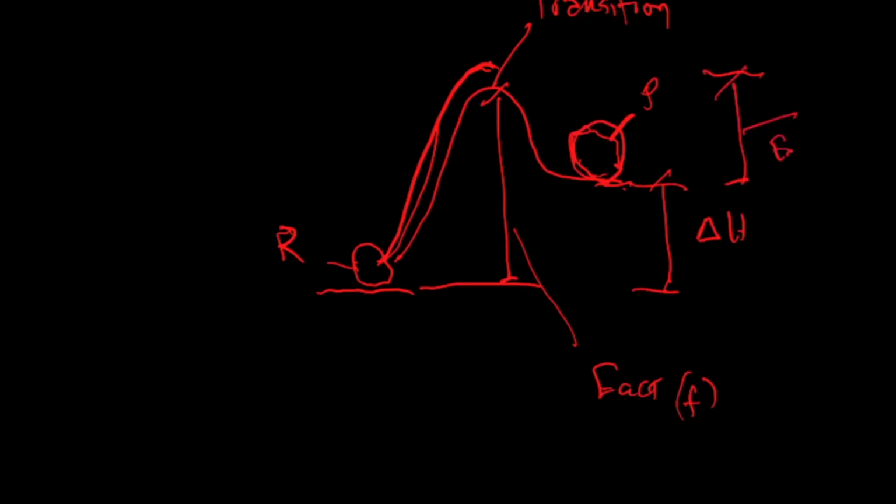Clear this real quick. That would be the E-act in the reverse direction. Remember, I told you that reactions can go in the forward or the reverse. So if this reaction were going in the reverse, then that would be the activation energy in the reverse.